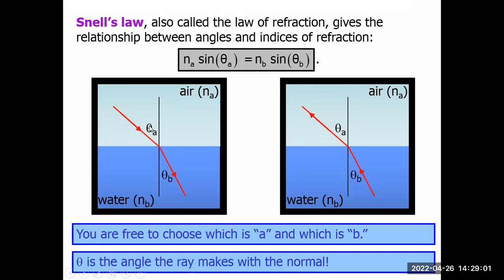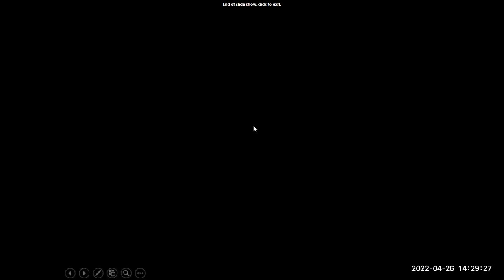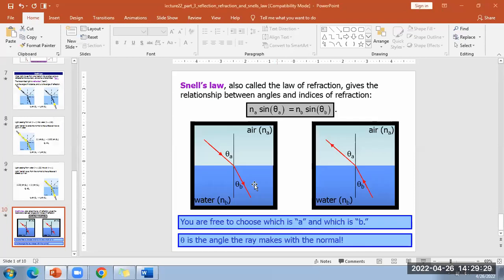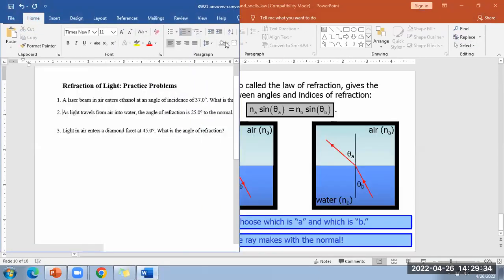Ito lang yung formula natin: n_A sine angle A equivalent to n_B sine angle B. Either hanapin natin yung angle A or angle B, depende yun sa given. Tatandaan yung formula natin.